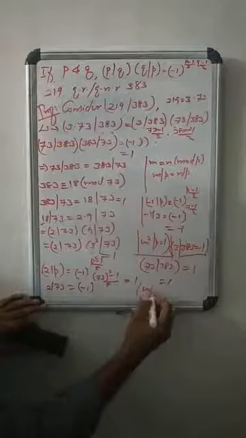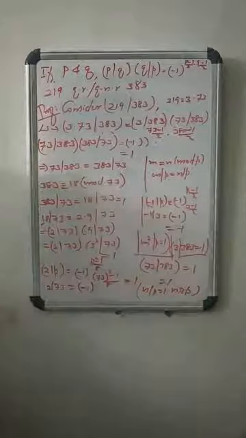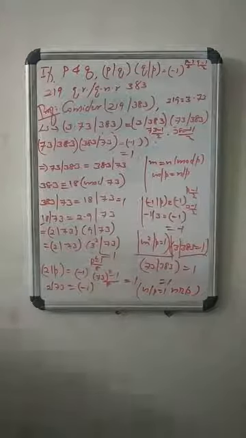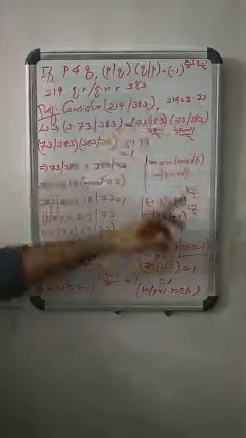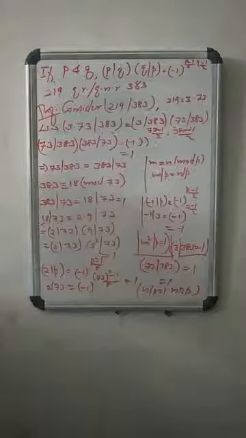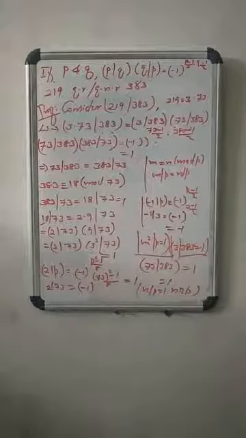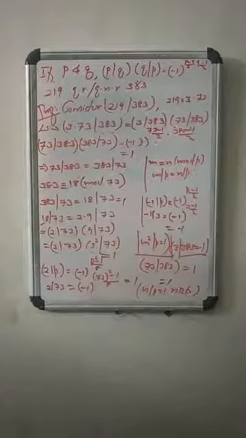We know that (n/p) = 1 when n is a quadratic residue mod p. Therefore, we conclude that 219 is a quadratic residue mod 383. So this is the application of the quadratic reciprocity law. Clear? Okay.